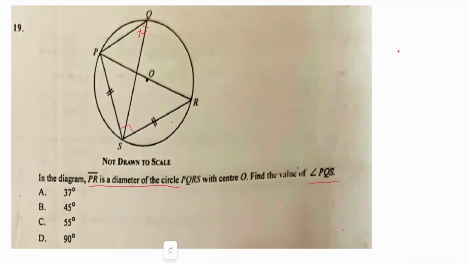And since this side, that is SR and SP or PS, have the same marking, meaning that they are equal or congruent, then triangle PSR is an isosceles triangle. And that means that angle SPR and angle PRS will each be 45 degrees. Let me just write that quickly.